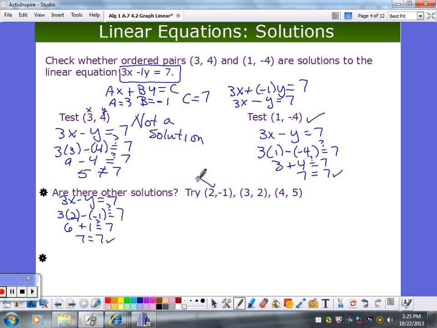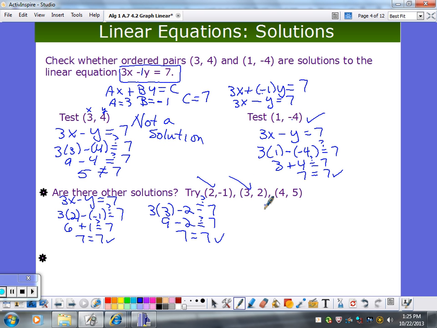That worked. Let's try 3, negative 2. So 3 times 3 minus the y, is that 7? Well, let's see, that's 9 minus 2. Is that 7? It sure is. So what else do I have? 3, negative 2 is a solution.